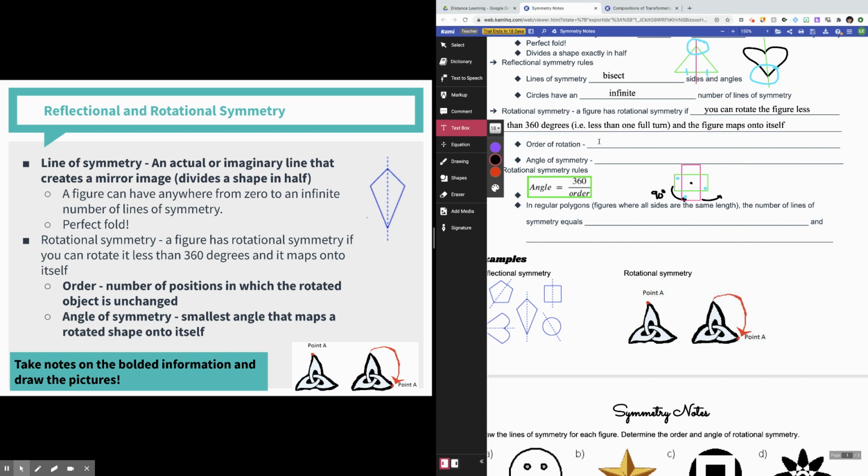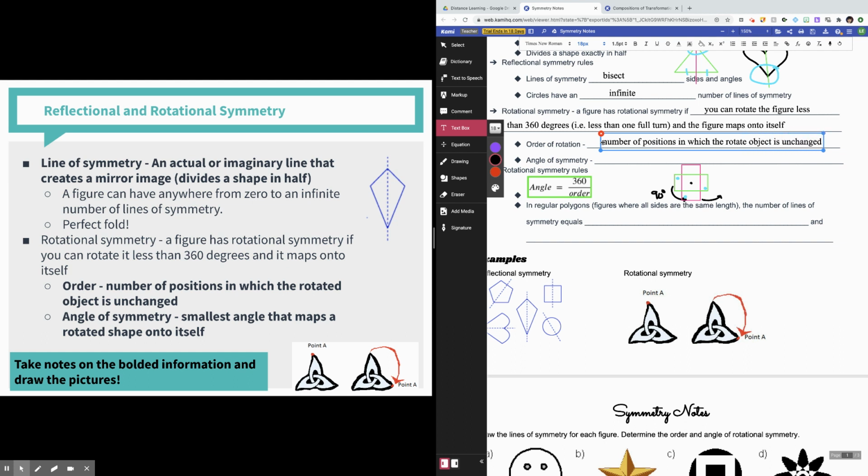When we're talking about rotational symmetry, there are two things that figures with rotational symmetry have that are related to it. The first is called the order of rotation, which is the number of positions in which the rotated object is unchanged.